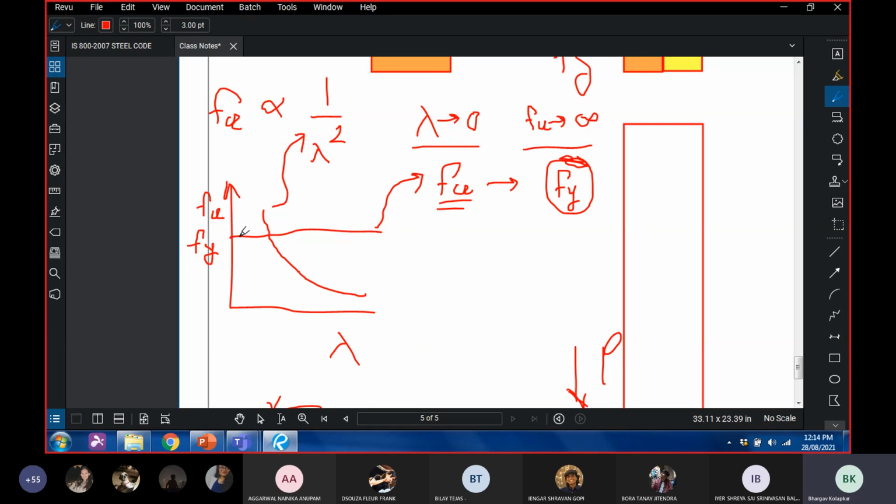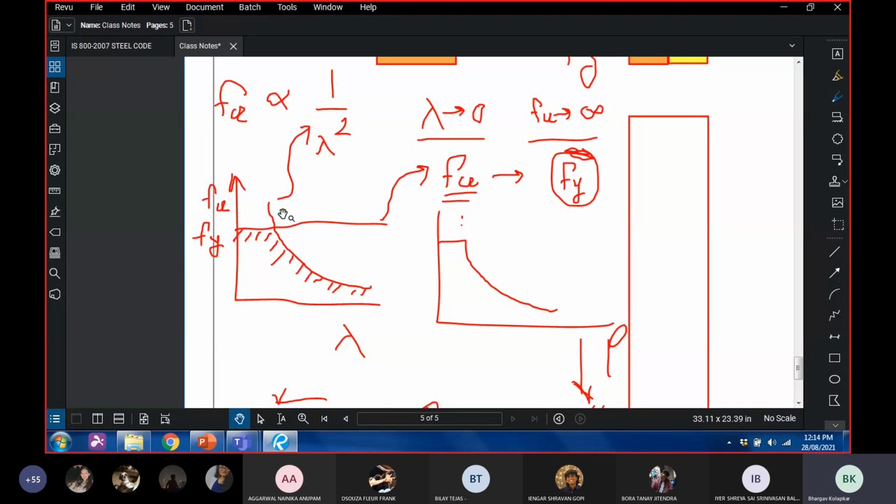So now I have a sort of failure envelope, which, if the column crosses, then it has failed. If I draw this graph again, this is my curve. If I extend this curve further, it might... forget it. So this is a failure envelope.